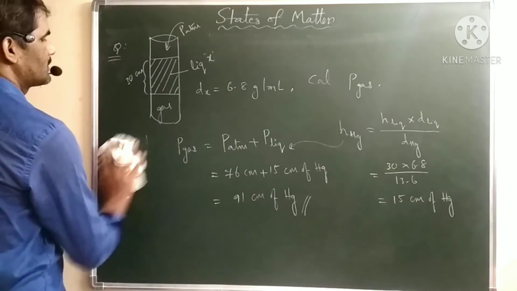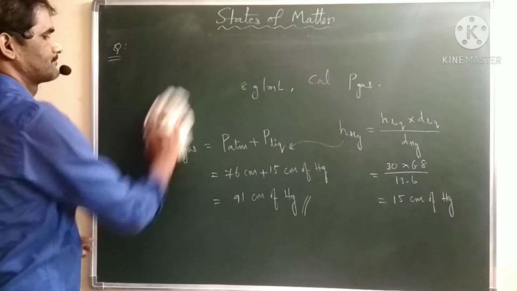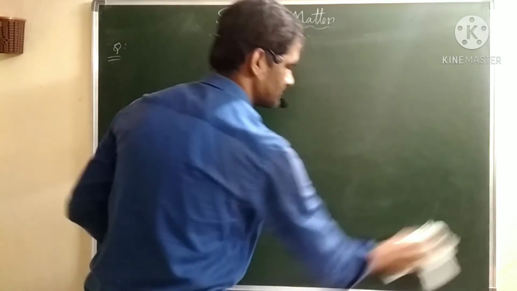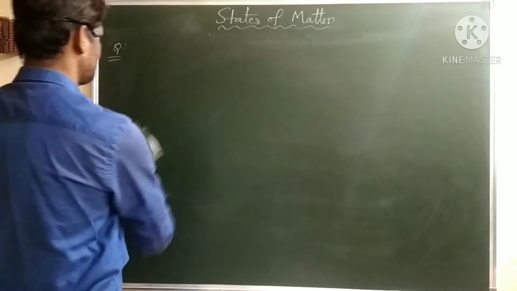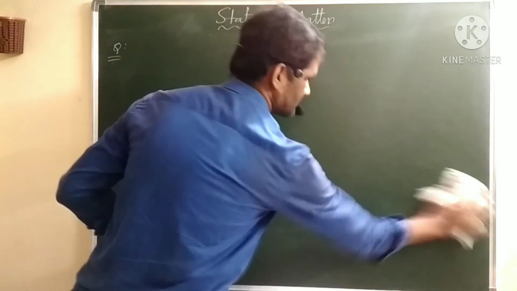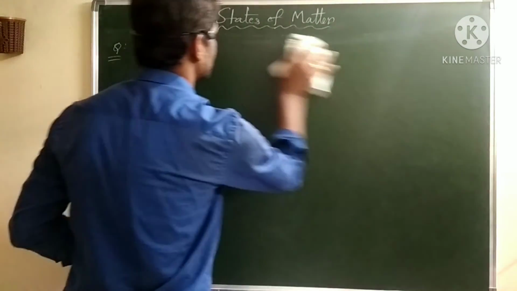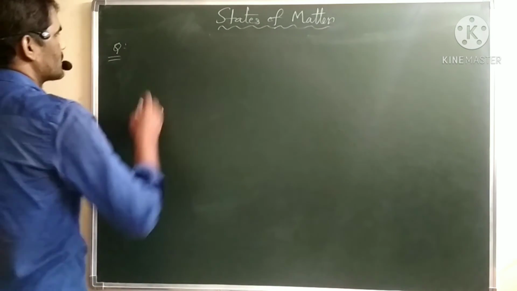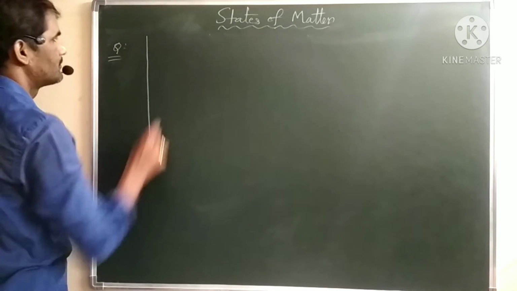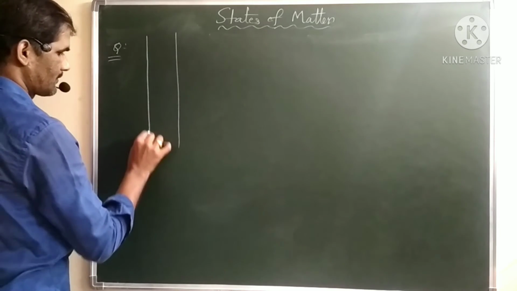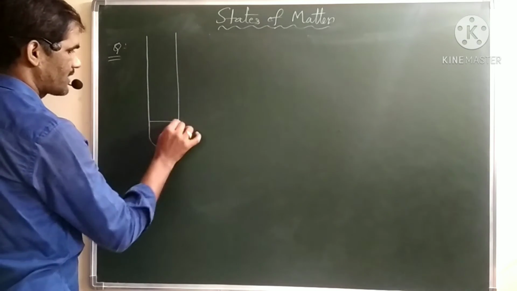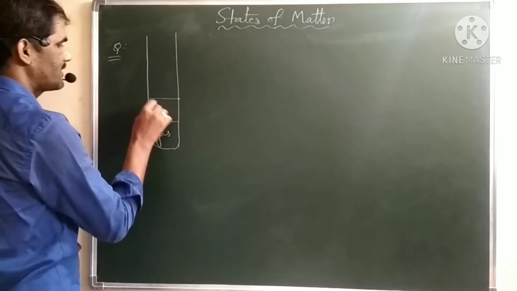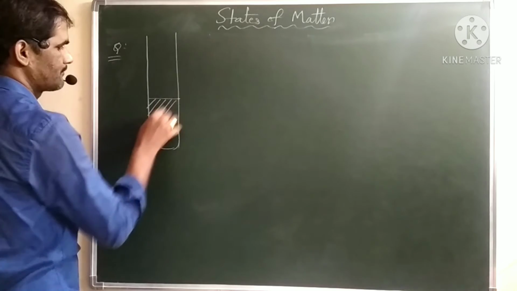Next, one more model. Next again one glass tube. Again the gas is confined at the bottom, and over it various liquids are present.